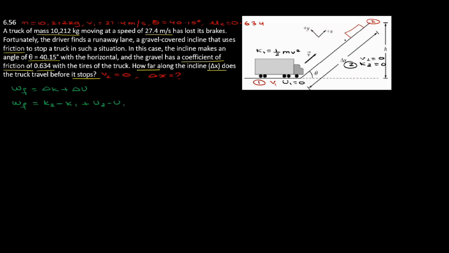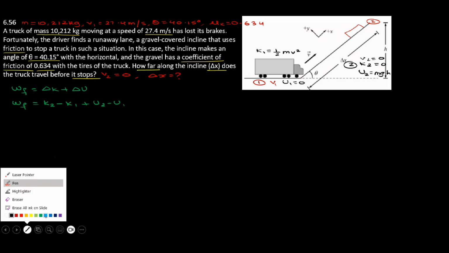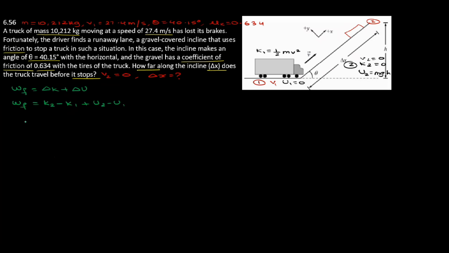However, at this point, the truck is raised at a height h above the ground, so it will have a potential energy which we can write as mgh. Now let's substitute these in our equation. We write work done by the force of friction equals K2 is 0, K1 is half mv squared, plus U2 is mgh, U1 is 0.